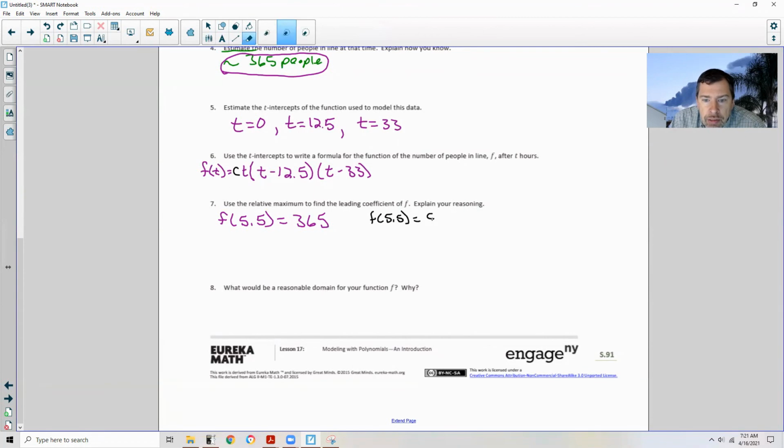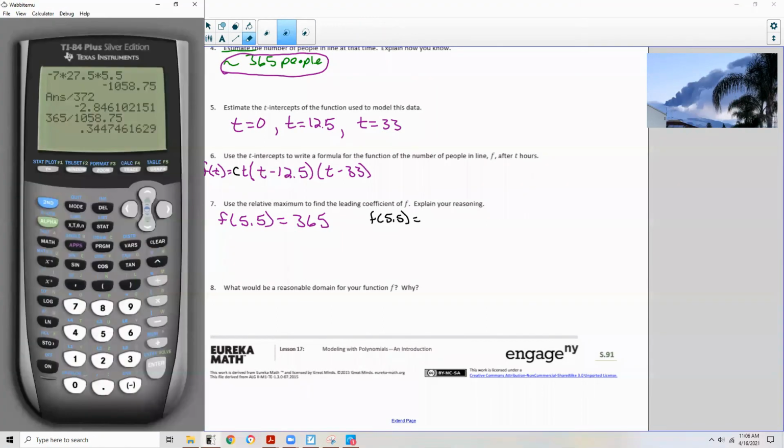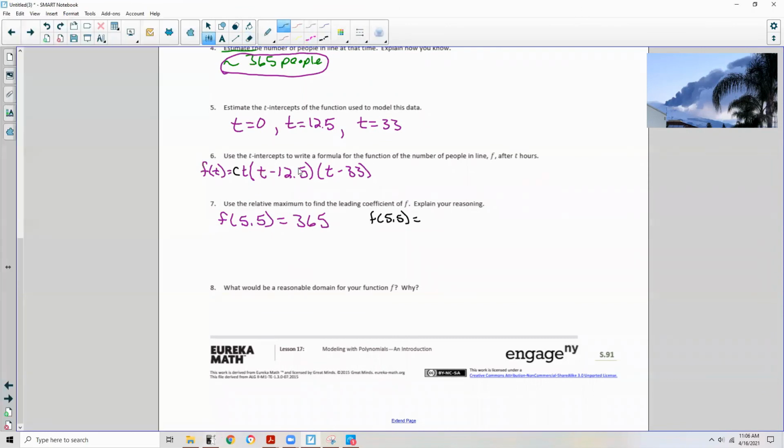Actually, let me multiply that c through. Okay, so if f of 5.5 equals this function right here, and we don't know the constant, we're going to write c, and then we're going to substitute in 5.5 for all of these t's.